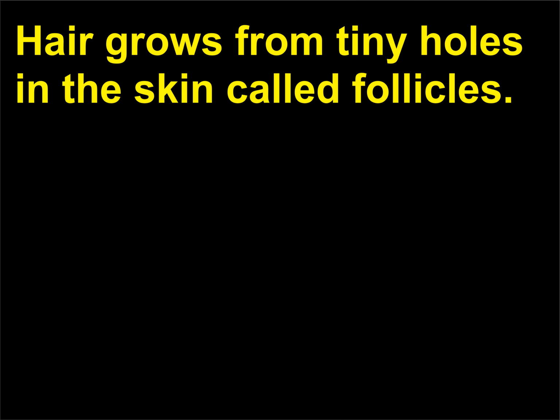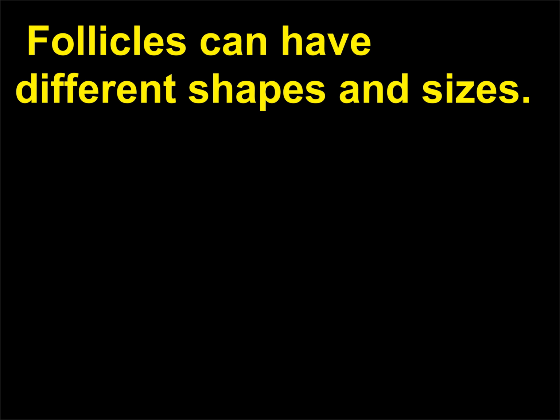Why is some hair curly and other hair straight? Hair grows from tiny holes in the skin called follicles. Follicles can have different shapes and sizes.